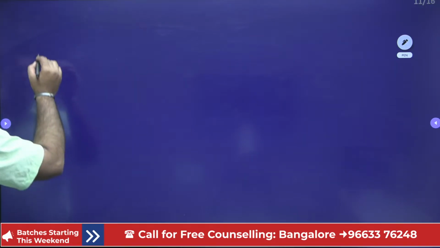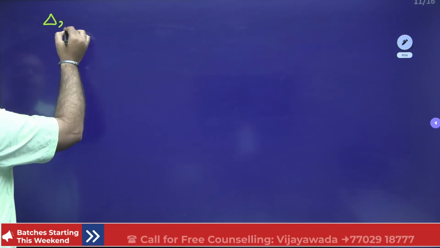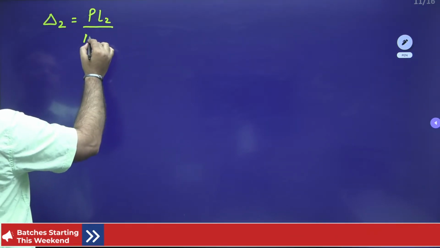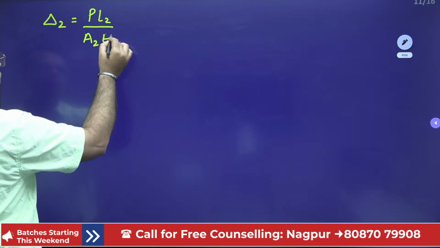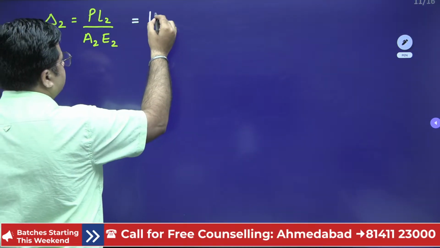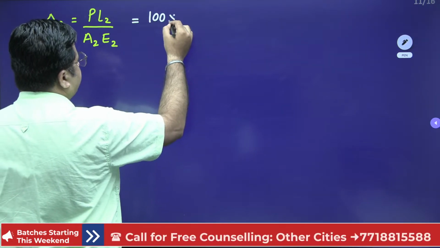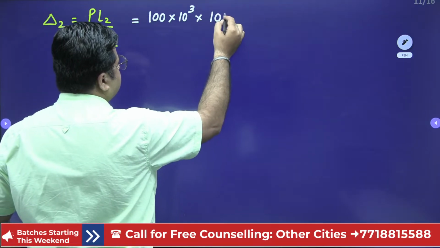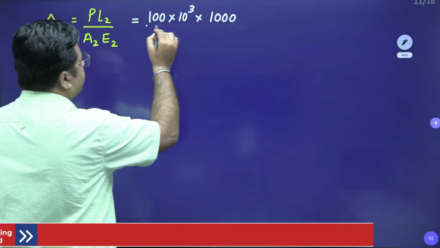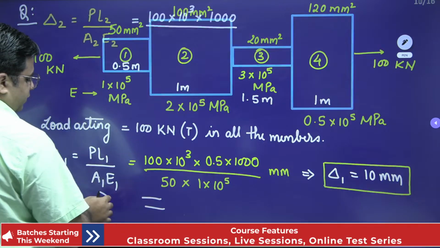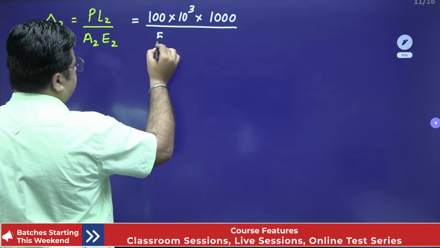So, delta 2 is P L2 upon A2 into E2. P is 100 kilonewton, so 100 into 10 raised to power 3. L is 1 meter, which is 1000 mm, divided by A. A is, I guess, 100 mm square.